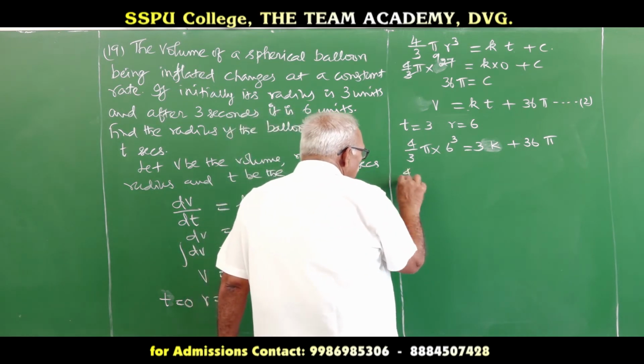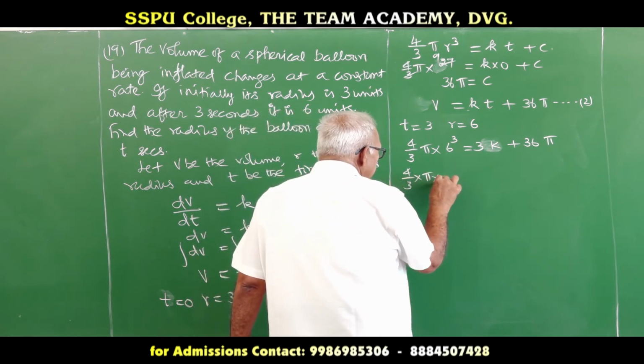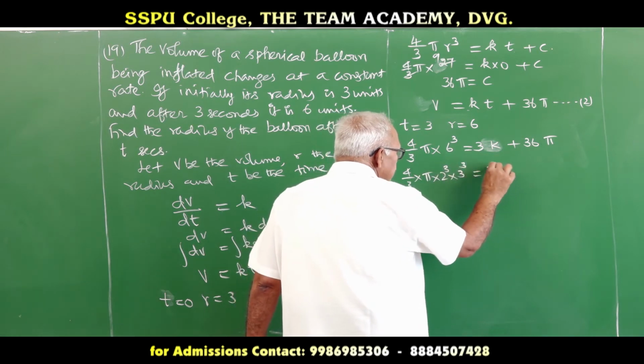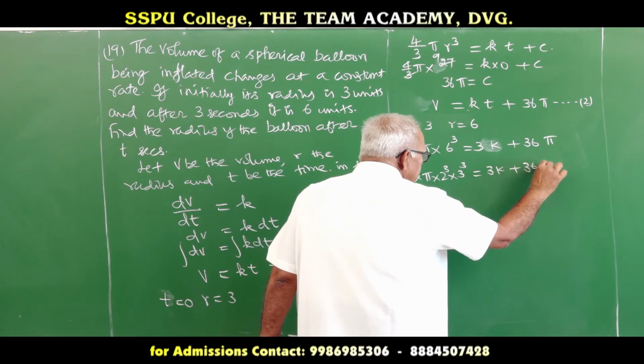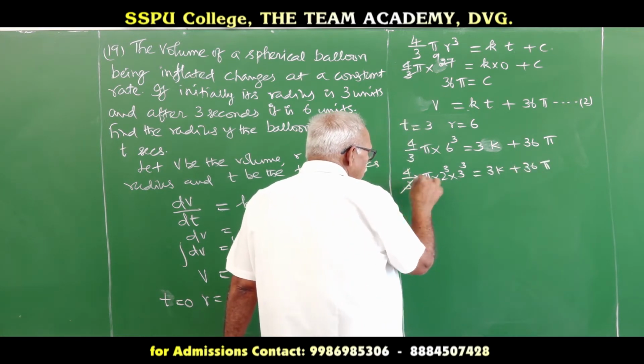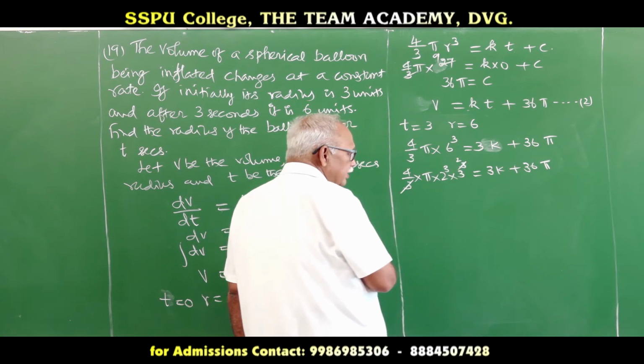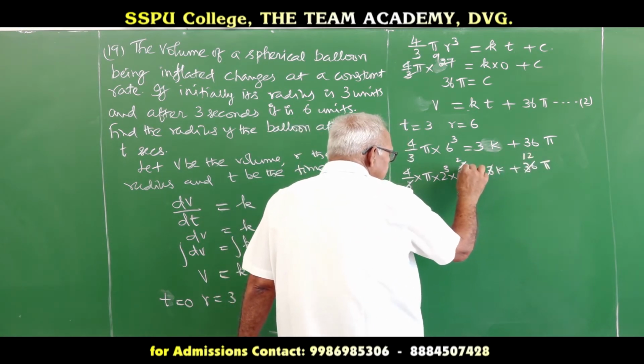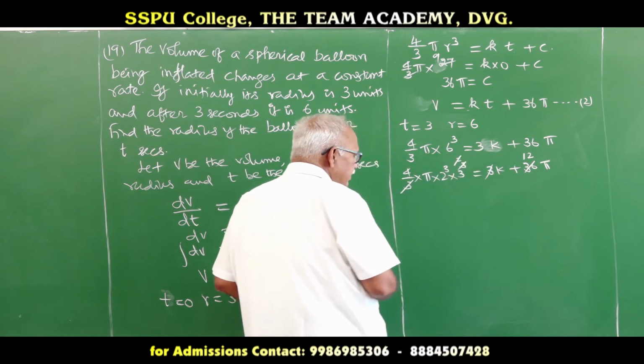Now 4 by 3 pi into 2 cube into 3 cube is equal to 3k plus 36 pi. So, let us cancel this 3 square. Again we can cancel 3, so we get 3 here.